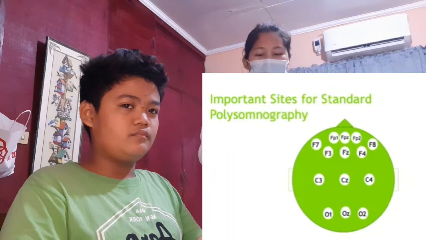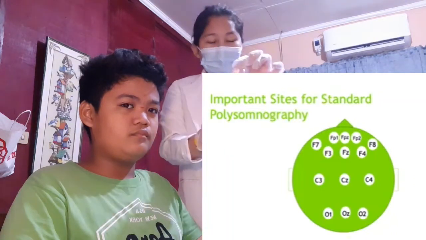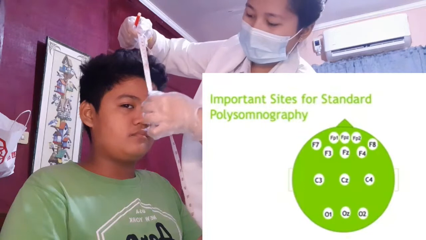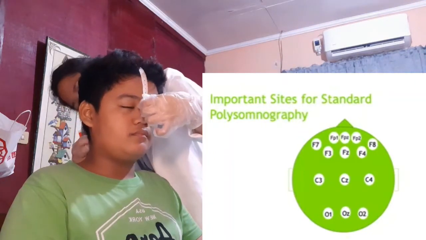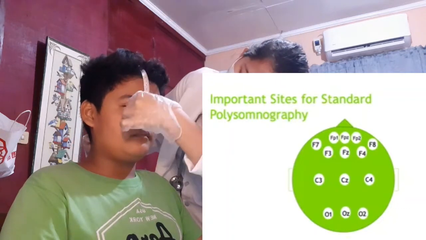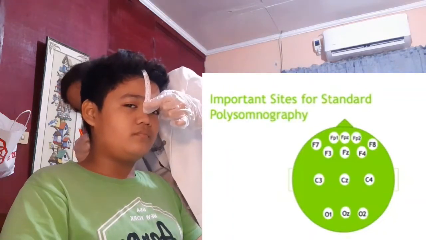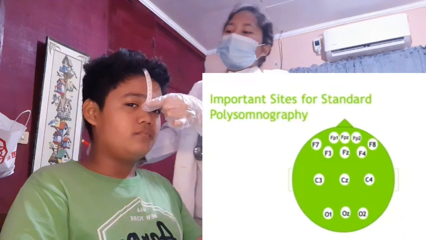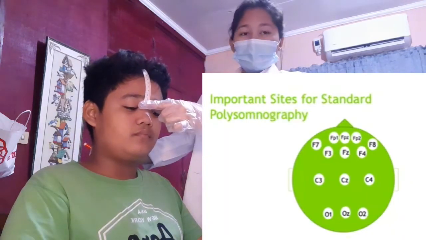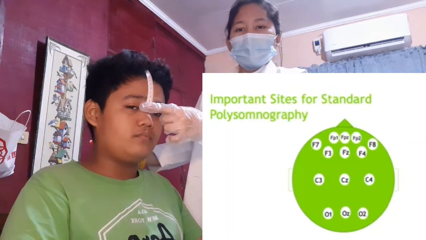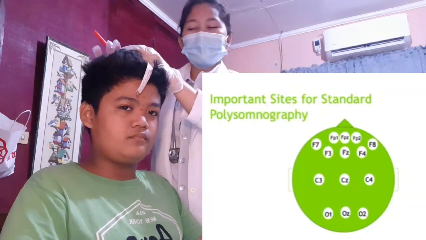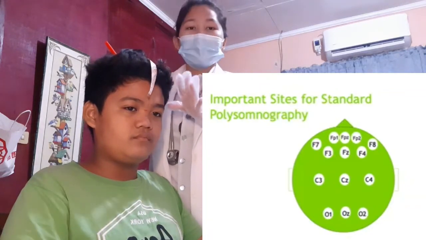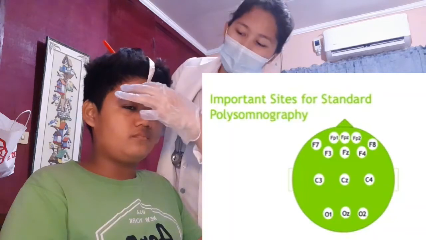So we will measure it using centimeters. Okay, so let's start. The measurement of our patient's head is 40 centimeters, and we will find the Cz, which is the center of our patient's head.